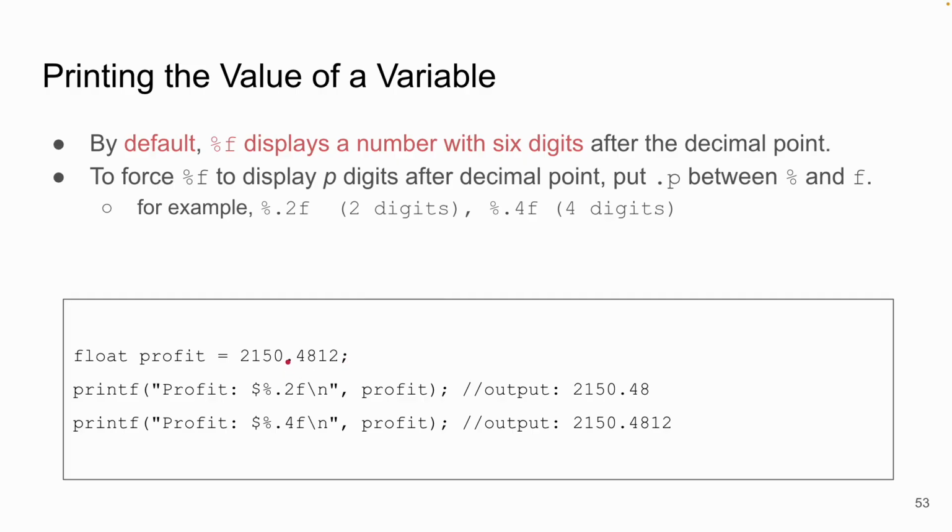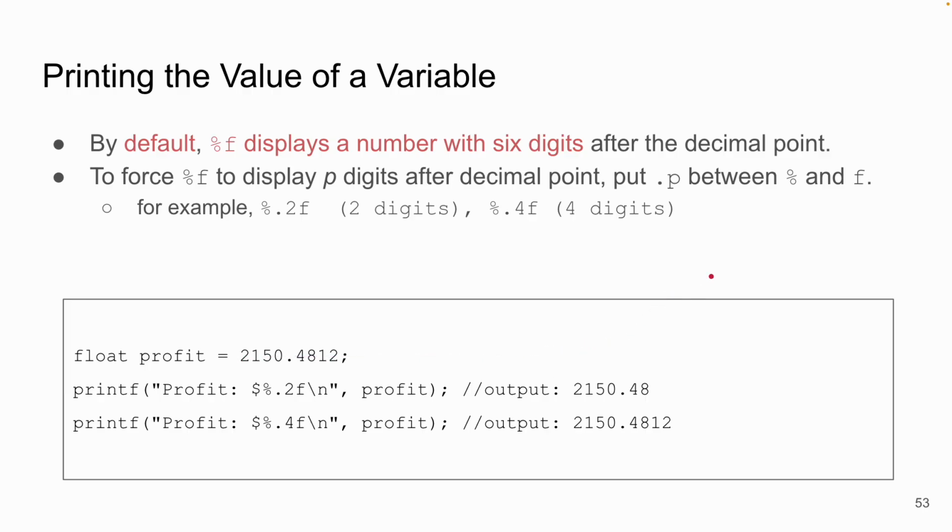Then the digits after the decimal point are the digits that I highlight here. So we have 1 digit, 2 digits, 3, and 4. So we have a total of 4 digits after the decimal point for this floating point number.